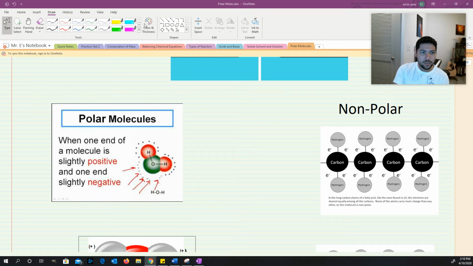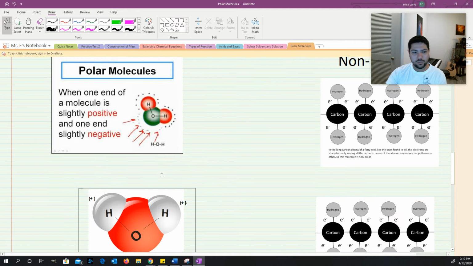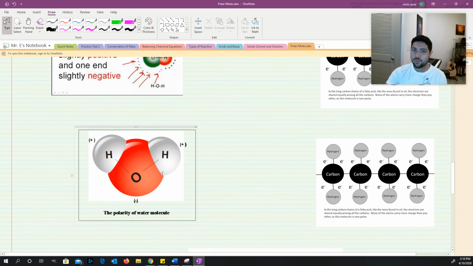Let's take the case of water. Water has H2O, the two H's and the O. The two H's, we know they're positive, and the oxygen we know is negative based off oxidation numbers. I'm not going to get too into that.